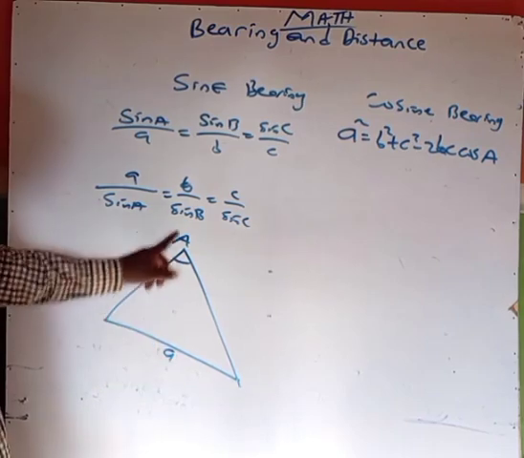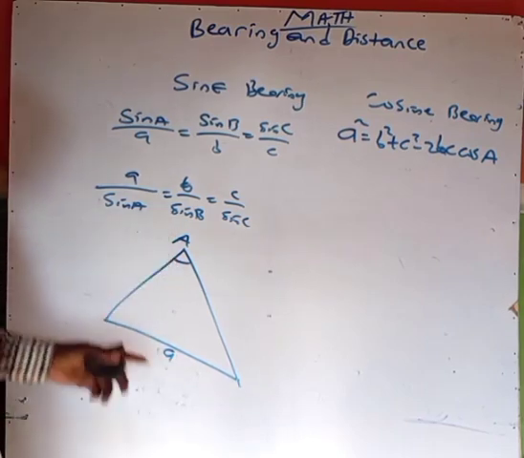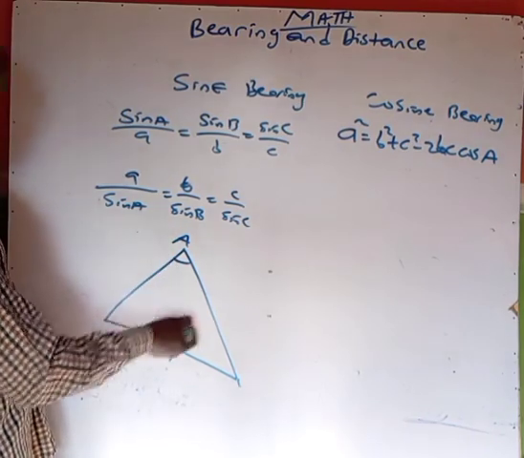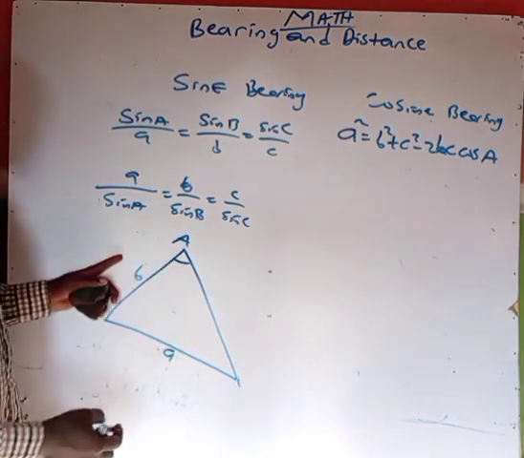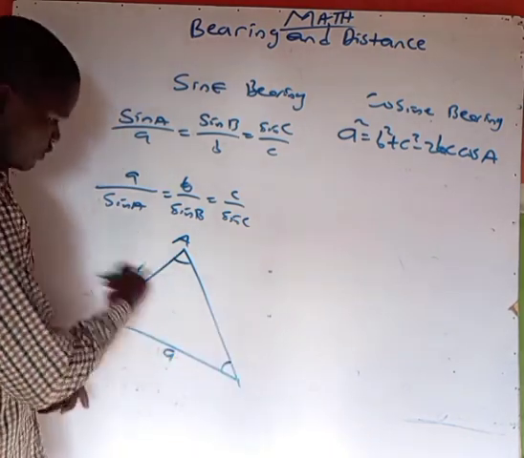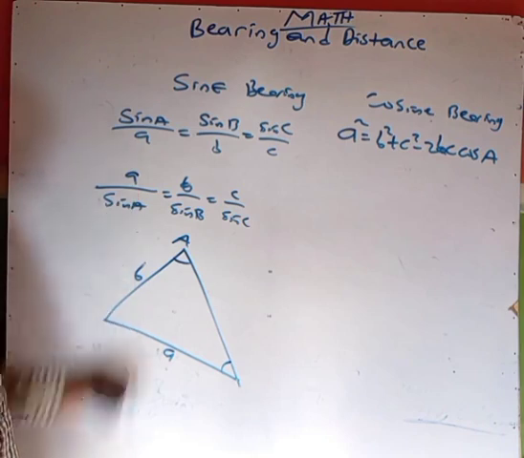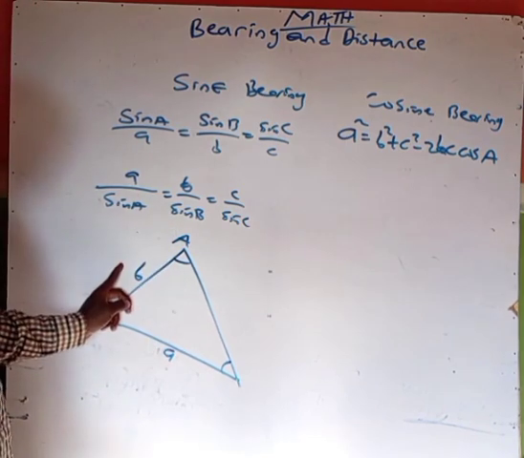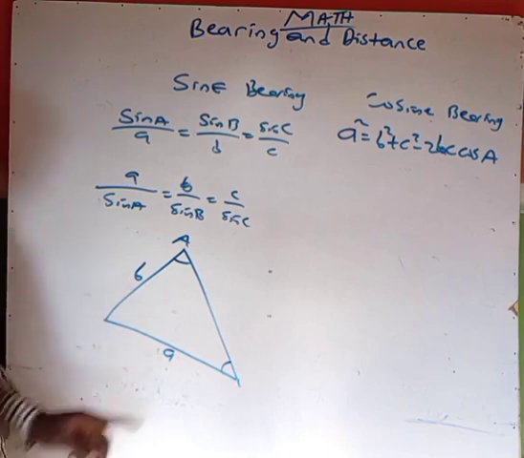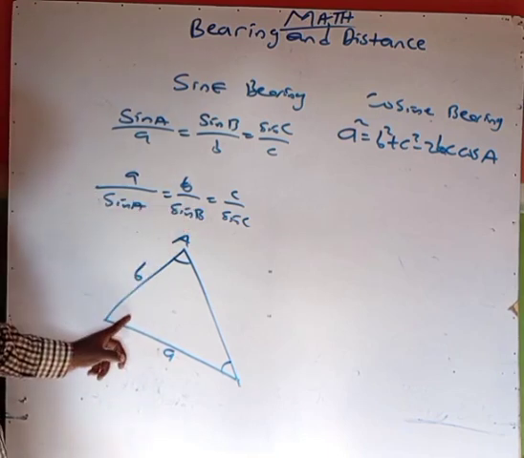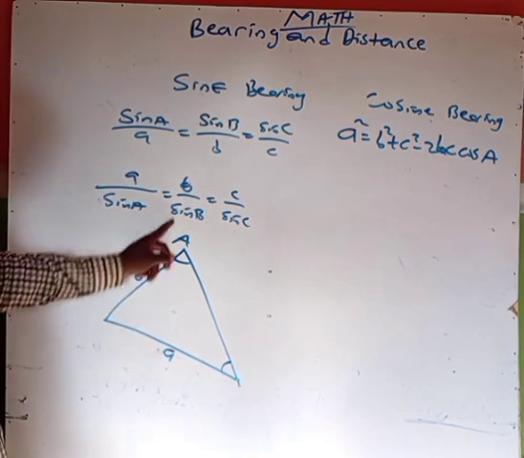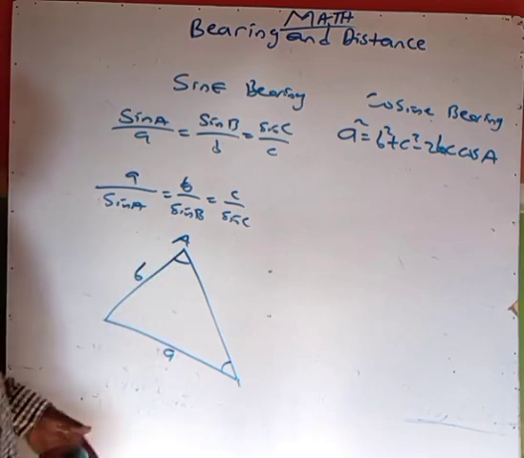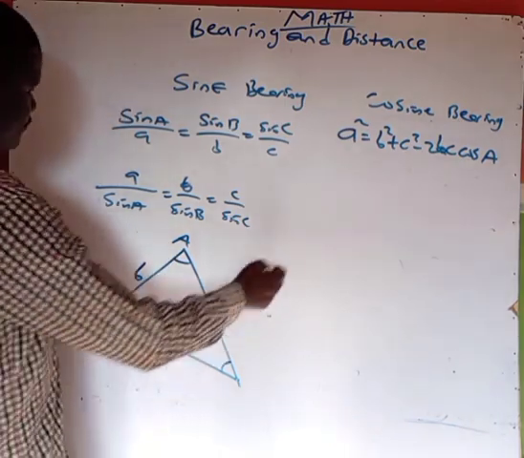So this is the side A. Then you can be given another side, so you can use this side to calculate this. So if you are given one angle and a side, together with another side like this, but note the angle you are given is not between them. You have this complete, or it can be in the form like this.